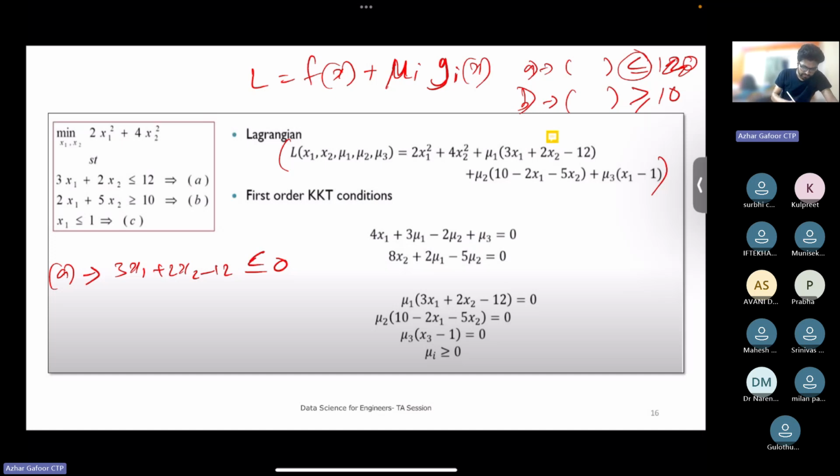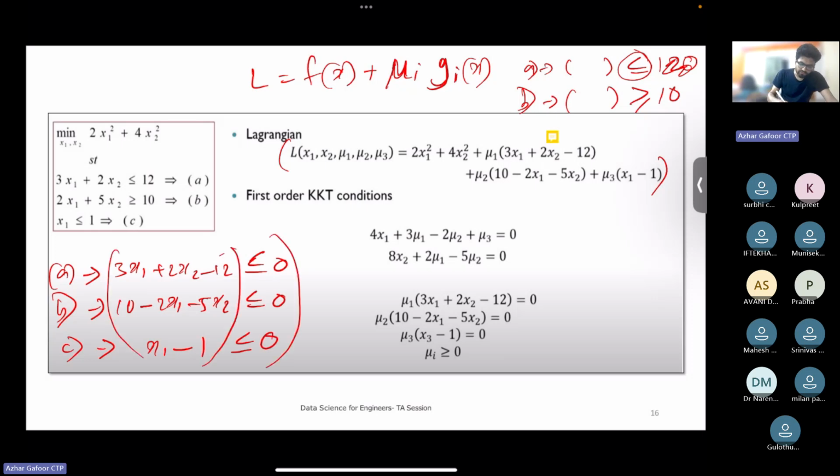Now the B equation, how can we convert it? We convert it to 10 - 2x1 - 5x2 <= 0, and the C equation is x1 - 1 <= 0. This is the standard form of the g equations, that is, the constraint equations. Now we substitute that into the Lagrangian equation. So here we have f(x), then the A equation, the B equation and the C equation.